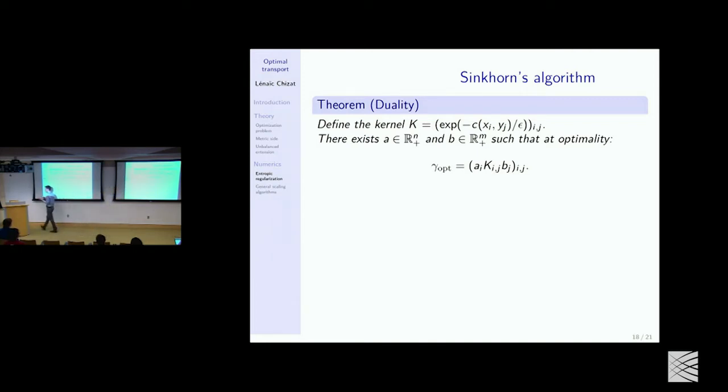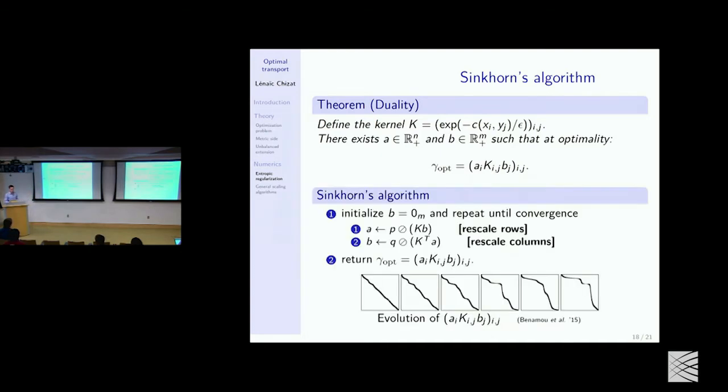So if you accept that the solution of the previous problem will be written in this form, then we can come up with an algorithm. Because we know that the solution has to satisfy two marginal constraints. When I sum the columns, it must be equal to mu. When I sum the rows, it must be equal to nu. And so what I can do is just start with some choices of a's and b's.